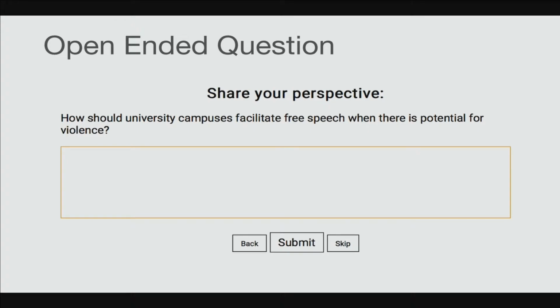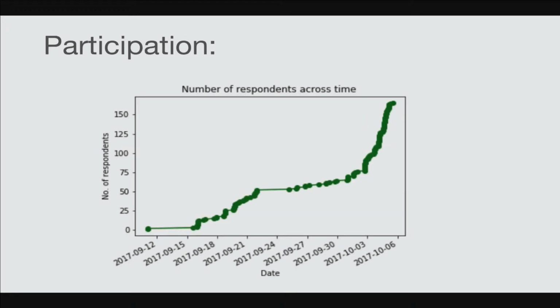We put this online about a week ago, and here's a plot of the participation rate. I'm happy to say that in this week, I think largely because of this symposium, it got a big spike in activity. So we are now up to about 160 participants. In fact, if you go to the site, it says 211, but about 40 of those we estimate to be just test trials, so we discount those.